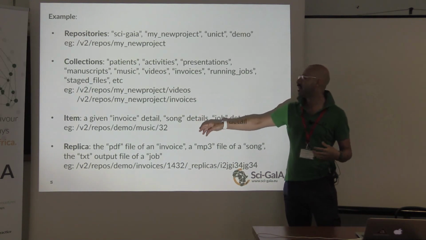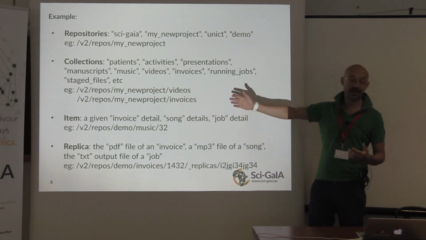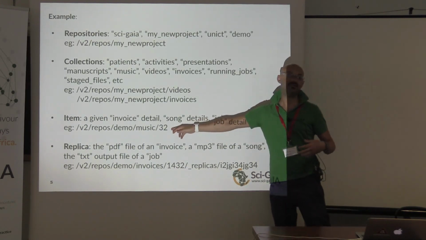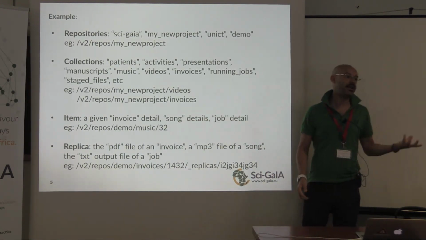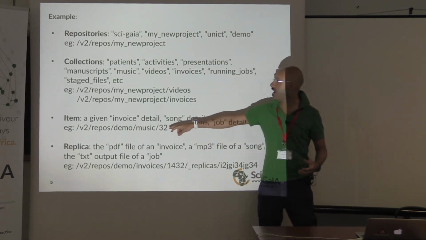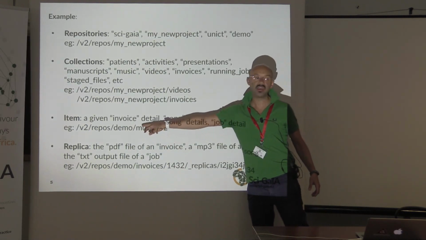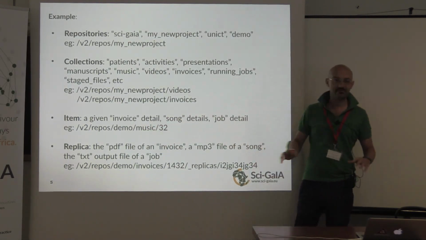The item is a single record, like a song, like a job, like a voice, and generally it's identified by an ID. So this REST API indicates the 32nd item of the music collection in the demo repository. Very simple.